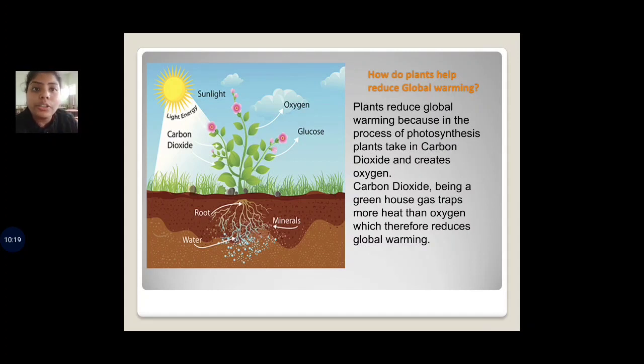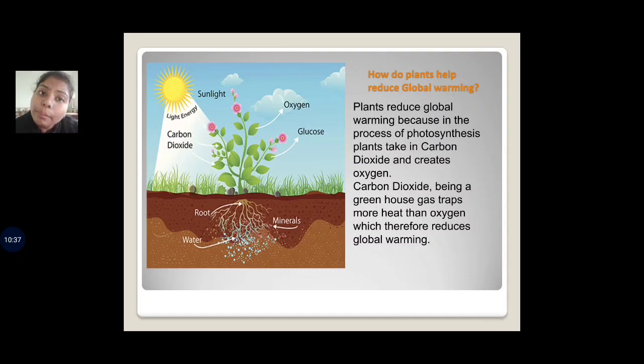So students, it is very important for us to plant trees and to stop deforestation so that the trees could recycle the carbon dioxide and maintain the balance of oxygen and carbon dioxide in our atmosphere.